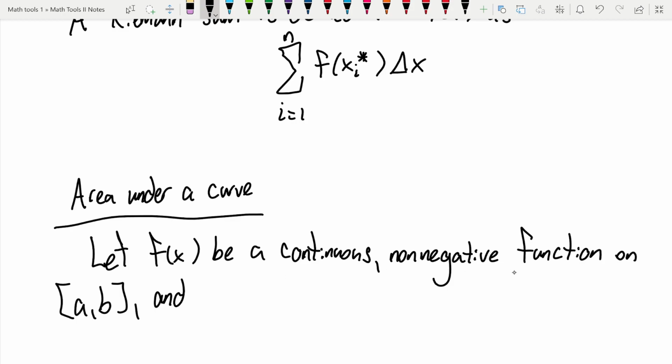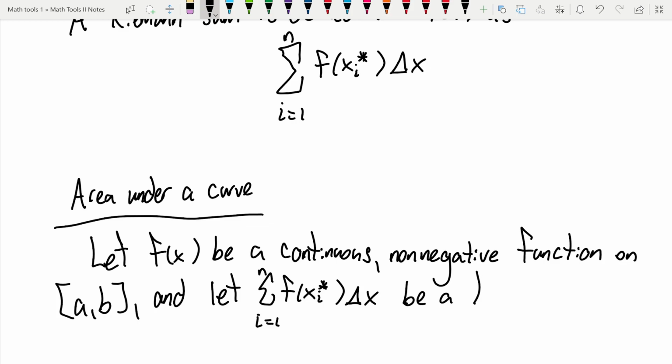So let f of x be a continuous non-negative function on [a, b], and let the sum of i equals 1 to n of f of x_i star delta x be a Riemann sum for f of x.